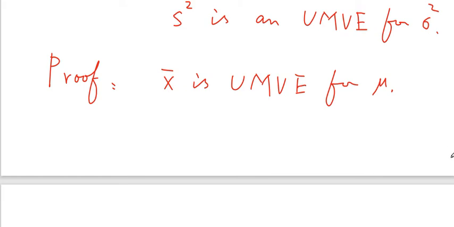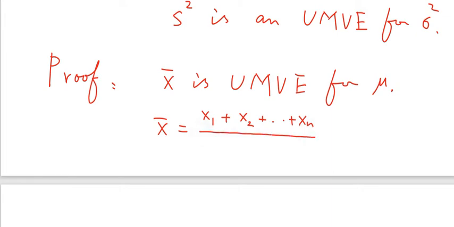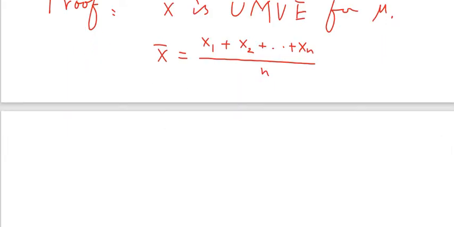We can write X bar as x1 plus x2 plus up to xn, over n. We can write this as 1 over n x1 plus 1 over n x2 plus up to 1 over n xn, right?